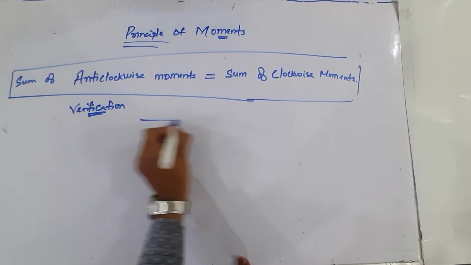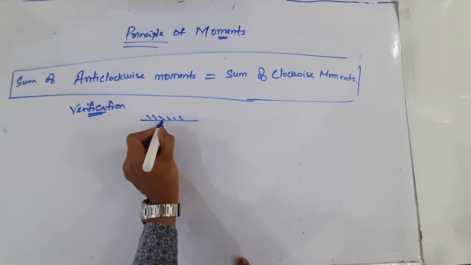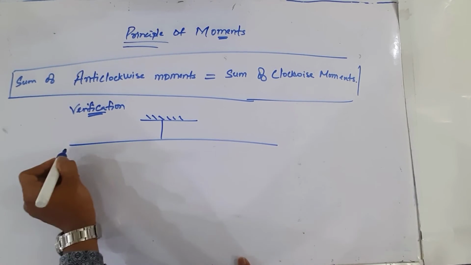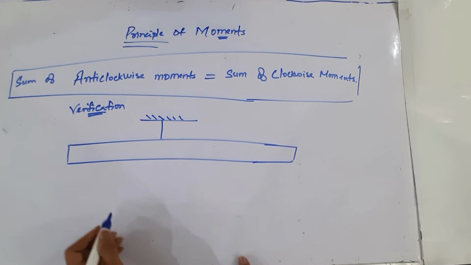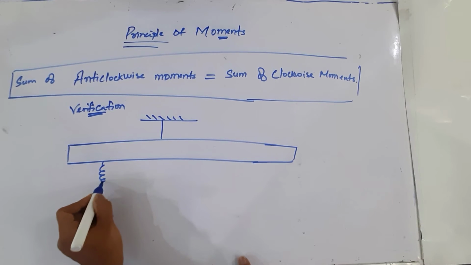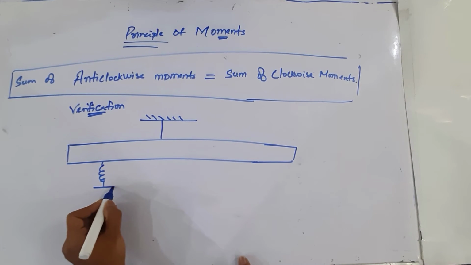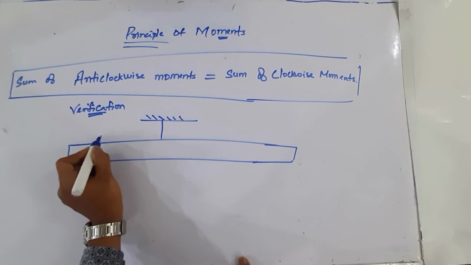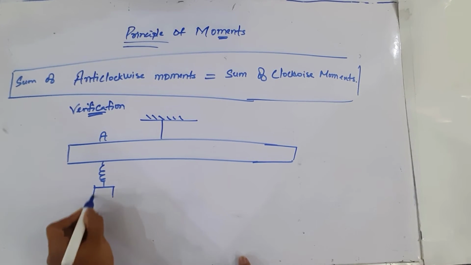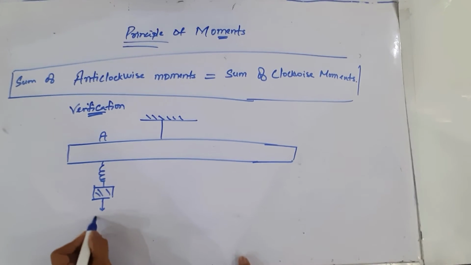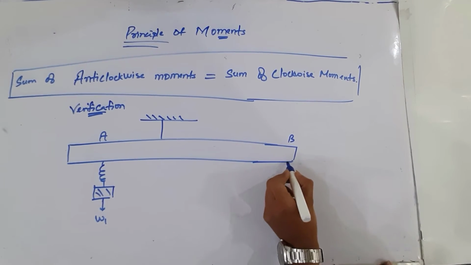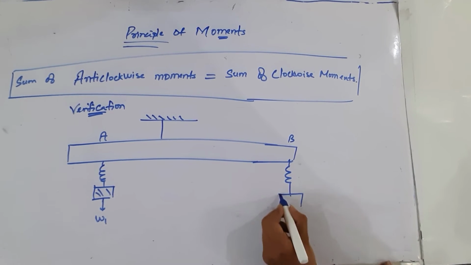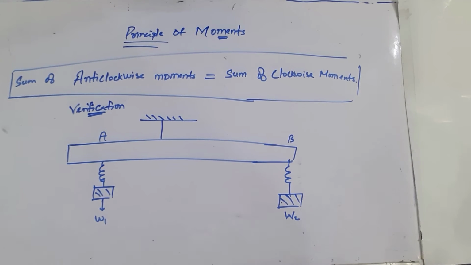Suppose we have a scale, or a rod with gradations over it. A weight is suspended through a string at a point, say A, and the weight is W1, and another weight at point B is suspended through a string and it is W2.